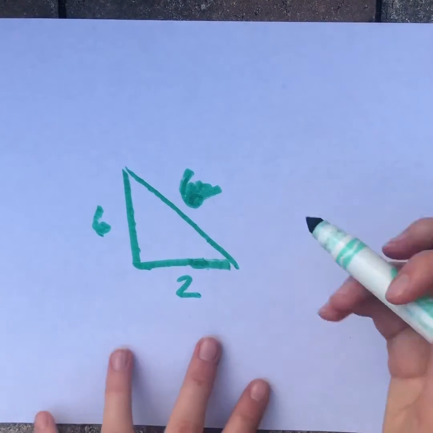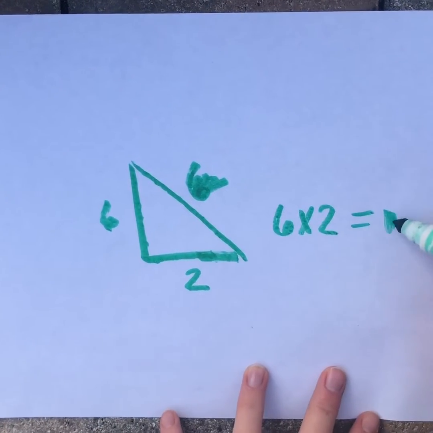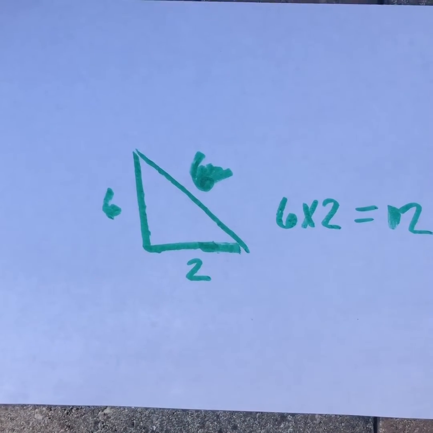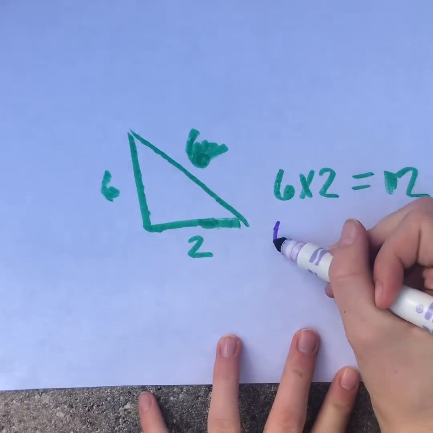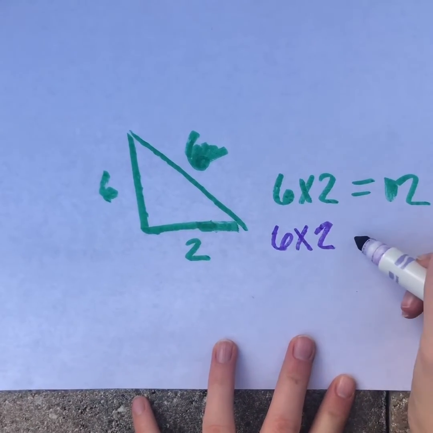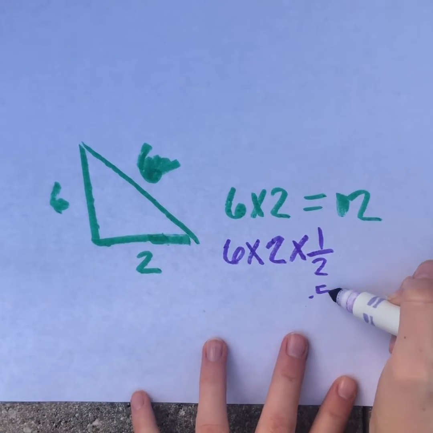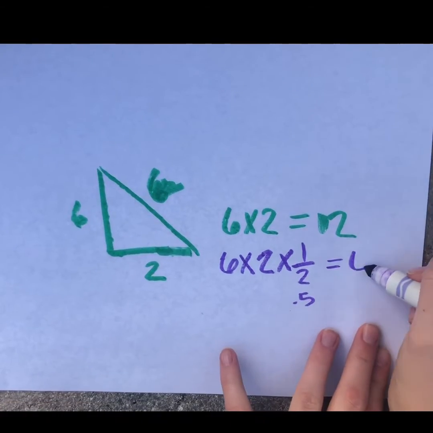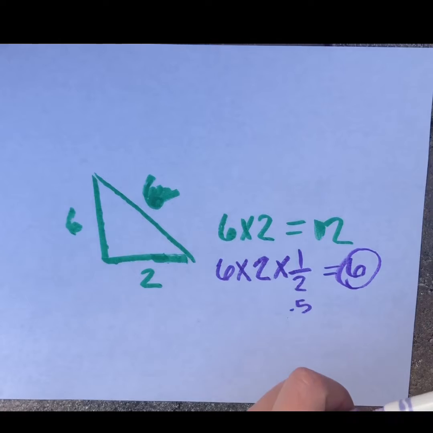For a square, we would do 6 times 2, and it would give us 12 for the area of a square, right? But instead, because it's a triangle and we're taking half of this away, we do 6 times 2 times 1/2, or 0.5, and that would give us 6. So the area of this triangle would be 6.